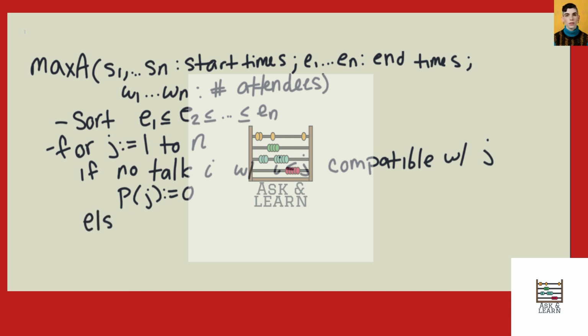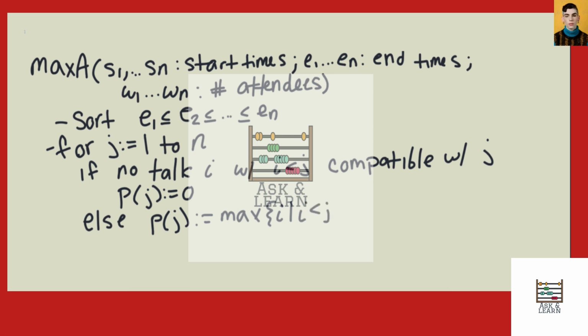Alternatively, if something is compatible, then we will set p of j equal to the maximum. We're setting it equal to the maximum number of compatible talks. Depending on how these overlap, it could be compatible with 1 or 2 or 3 or more talks.